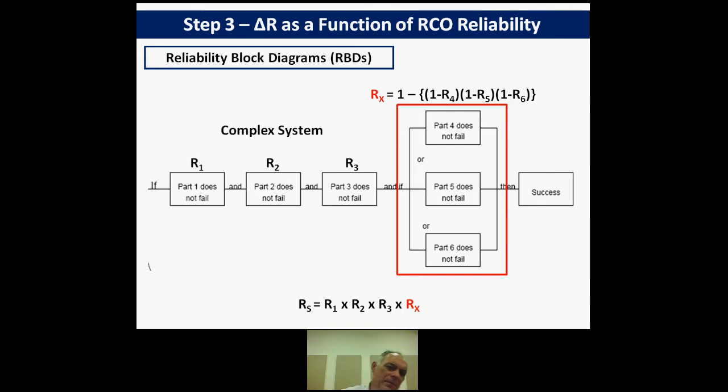Any of it makes reference to part 1, part 2, part 3, or whatever. But if we're looking at systems, we might as well think that part 2 could be a human being operating somewhere in the system. He's got a reliability of his own, and it could be in series with something else, or it could be in parallel with some other system or equipment. So it's not just mechanical, it will cater for everything.